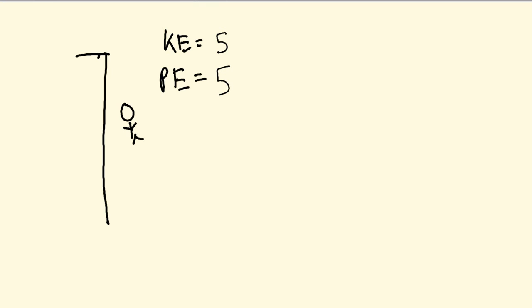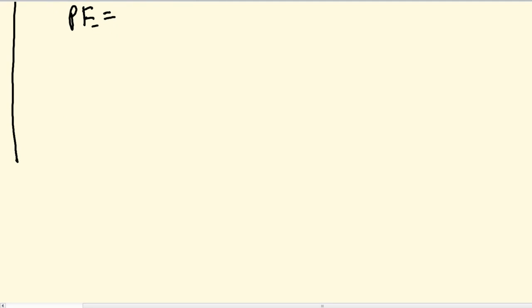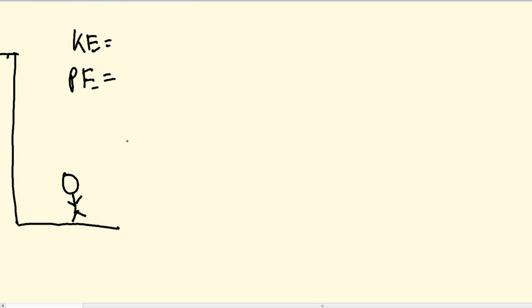But now, what if he nears the floor, but doesn't actually touch it yet? Then when he is right here, before he touches the ground, his kinetic energy will be the greatest, at almost 10, and he will have almost no potential energy.